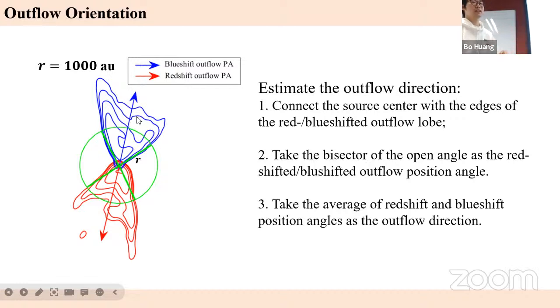Finally, we take the average of these two position angles as the outflow direction. The scale we use is 1000 AU, because at this scale most of the sources have a clear outflow structure.